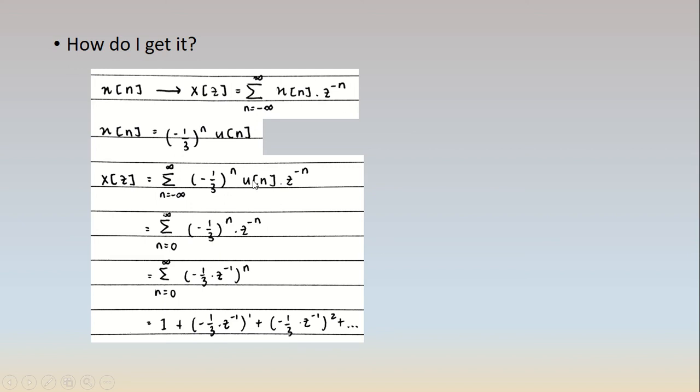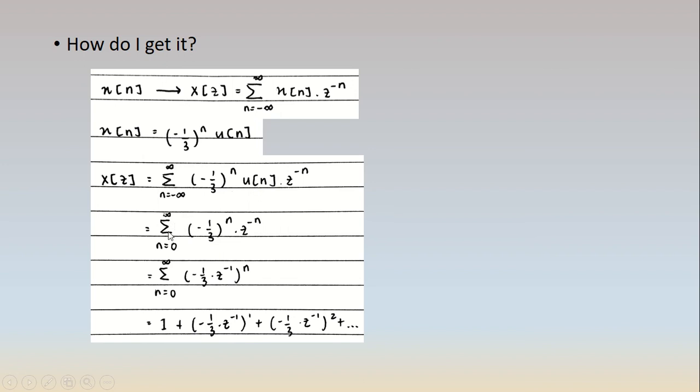So we know that for the unit step, for all integer values that are negative, we will get a 0 result. So for the unit step, we just do the summation from n = 0 to infinity.